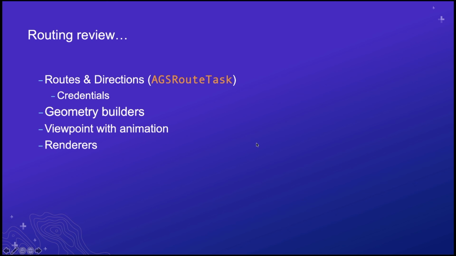To create modified geometries, you have to first convert them to a builder, work with the builder, and then generate a new geometry from that builder. We also saw viewpoints with animations and how that can be used to add a little bit of context to your app. And we also introduced the concept of renderers, where your features or graphics can just be presented to the user, and the renderer takes care of exactly how that presentation happens.